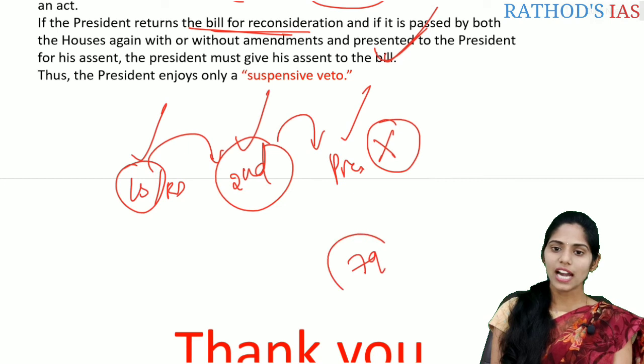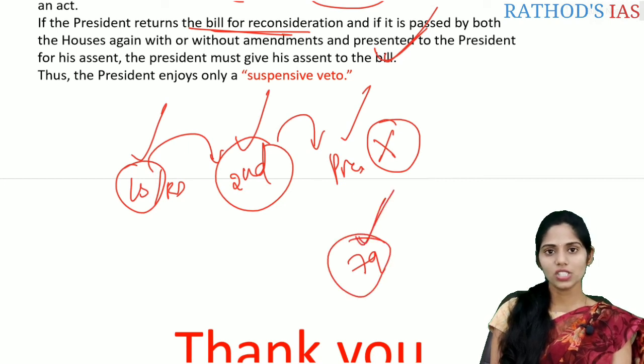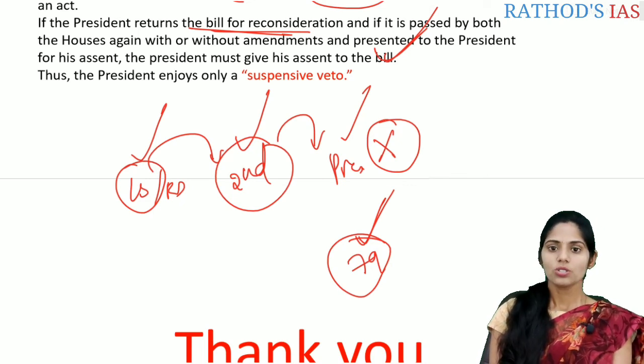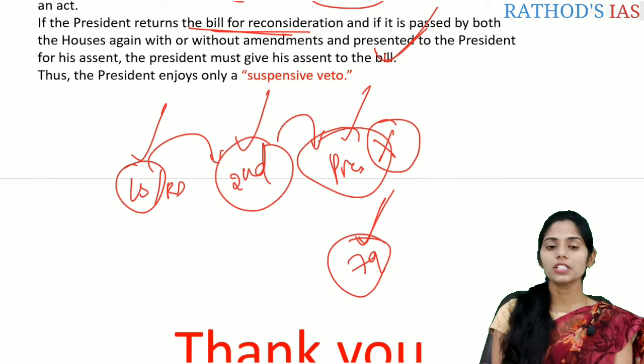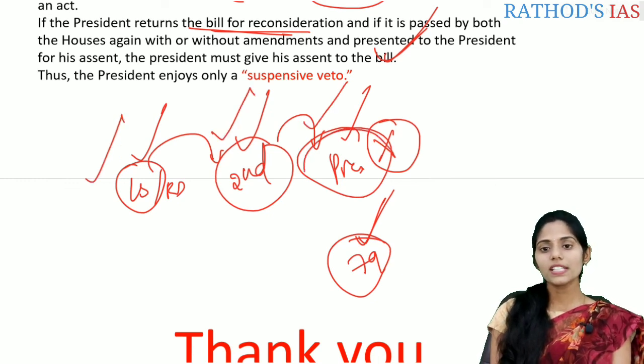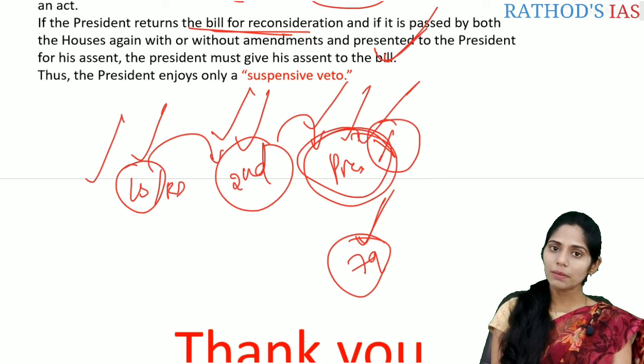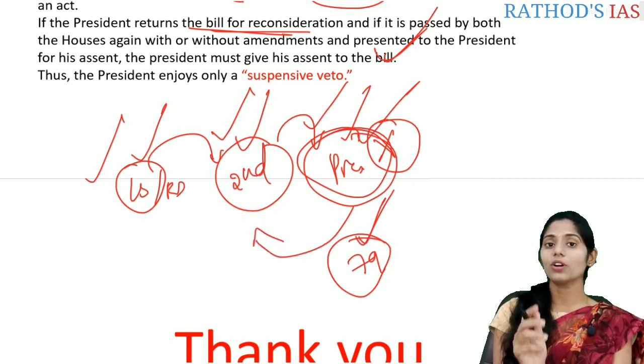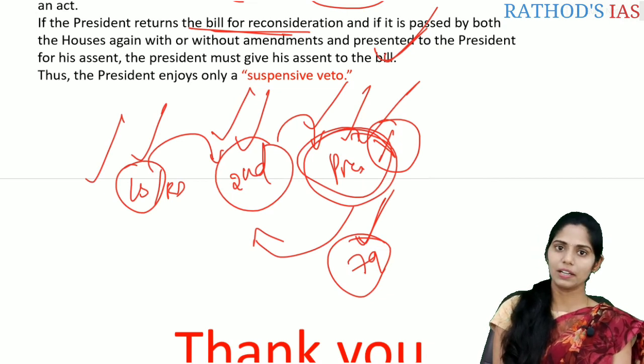Article 79 of the Indian Constitution says that the Parliament contains the Lok Sabha, the Rajya Sabha and the President. So there is a beautiful relationship between the Lok Sabha, the Rajya Sabha and the President. The President is not a member of Parliament, but he is an integral part of the Parliament.